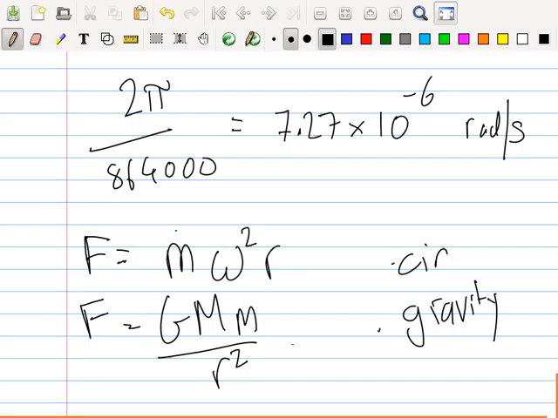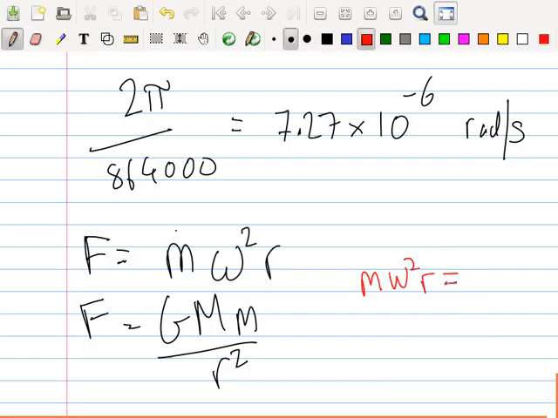So what can you do with the F's? You can cancel them. So you can make this formula now: m omega squared R equals GMm over R squared. Cancel the small m.